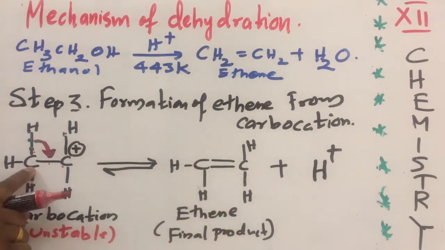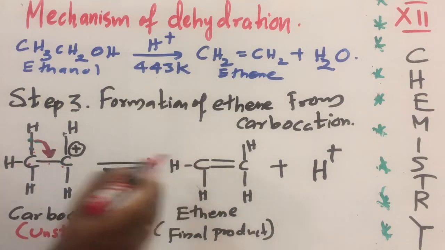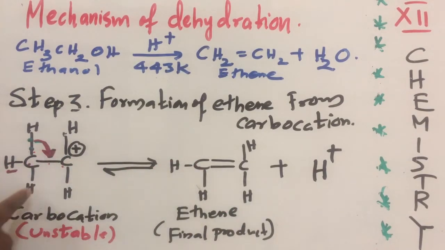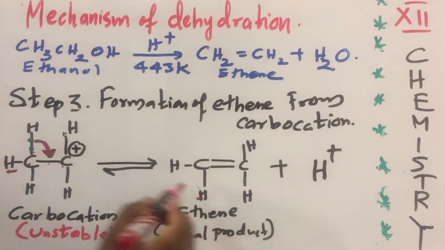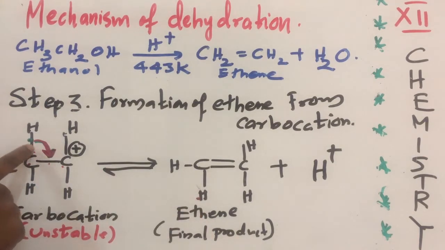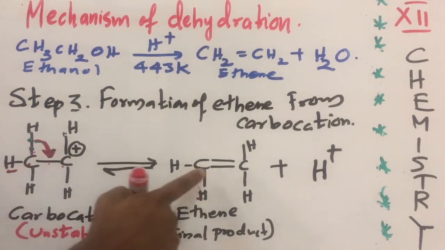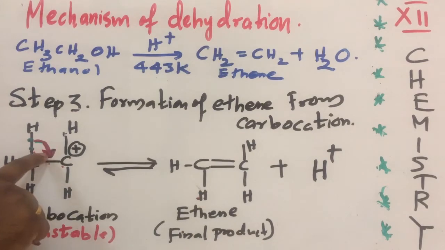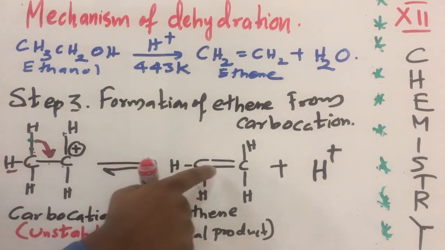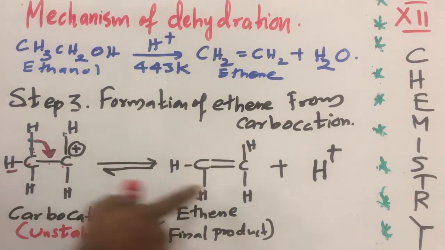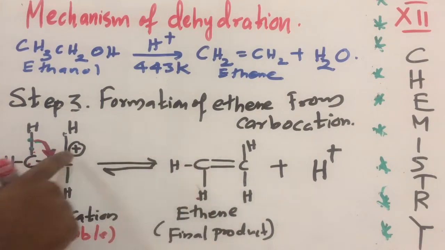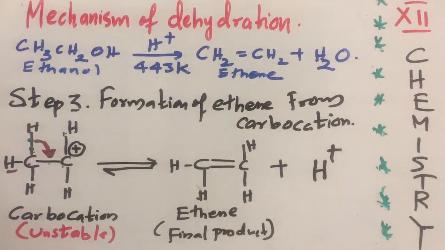See here, carbon, carbon, then H, H, H, H. Then these two electrons are shifting to the carbon single bond carbon, and after getting two electrons it becomes a double bond. Then H, single bond H, single bond H.